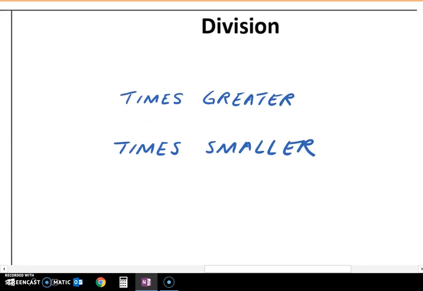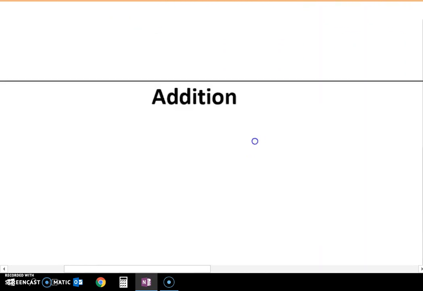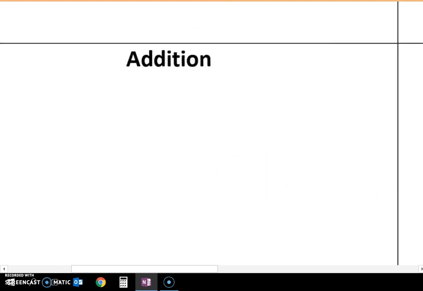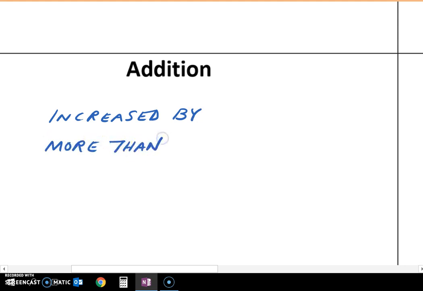Under addition and subtraction, there are a lot more. So we're going to start off with addition. So in addition, we have increase by, we have more than, combined. I think combined is something that we see a lot.